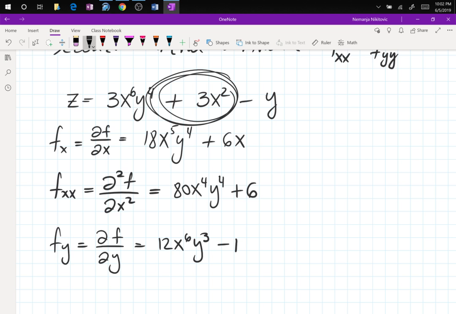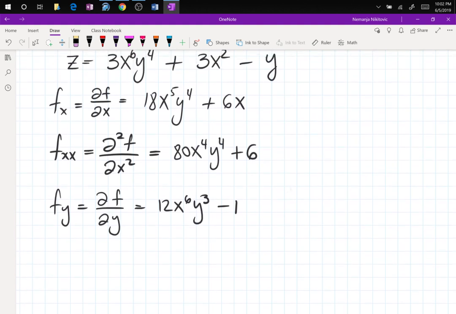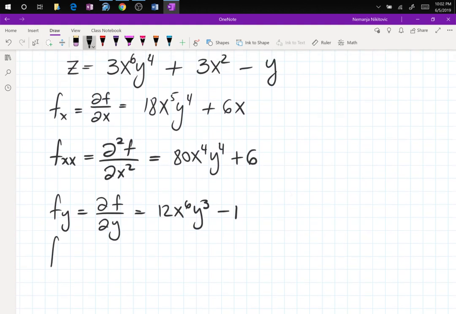And then finally I have minus 1, the derivative of y. Now once I have that, I will find fyy, which is the second derivative of f. And that one is going to be 36x to the 6, y squared. Derivative of negative 1 is 0.